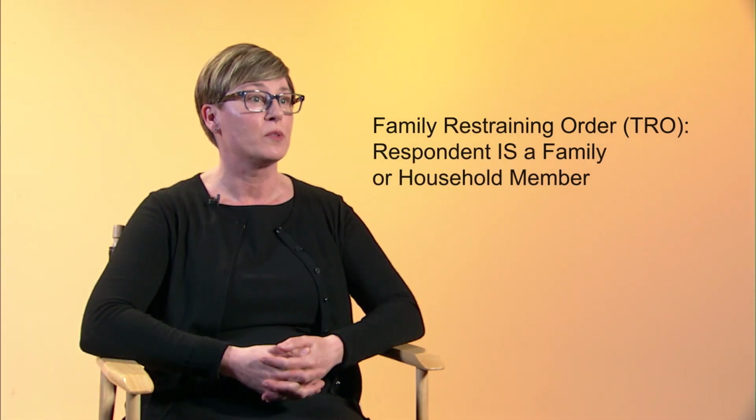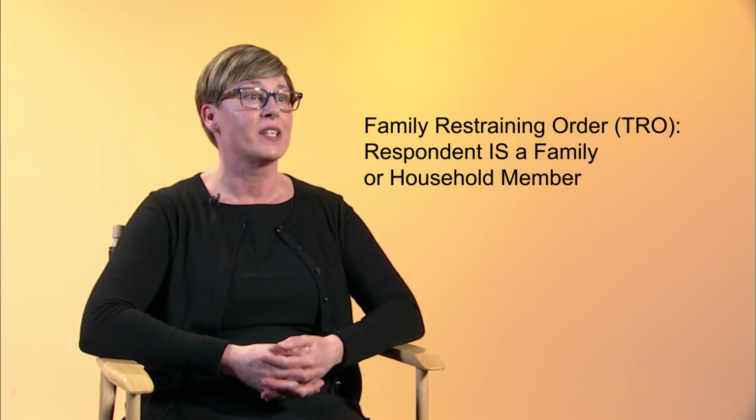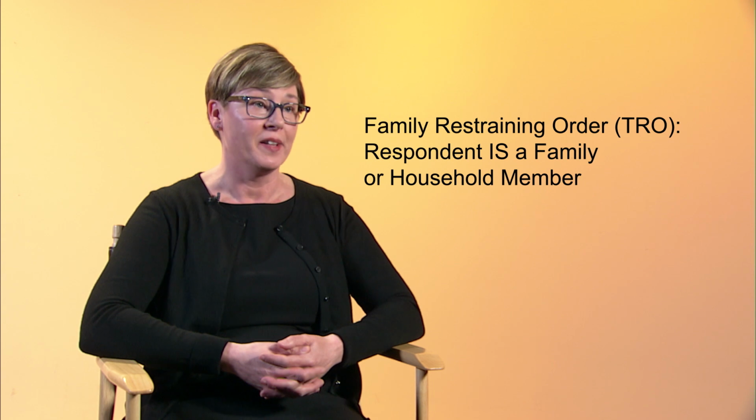If the respondent meets the definition of family or household member, the applicant applies for a TRO. To apply for a TRO, the applicant must know the respondent, perhaps intimately.